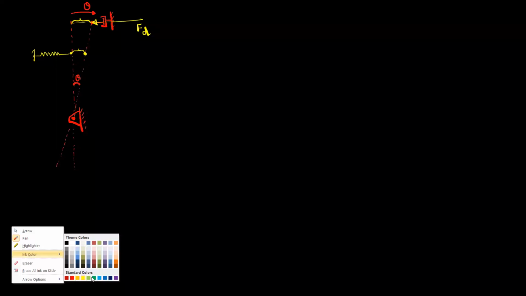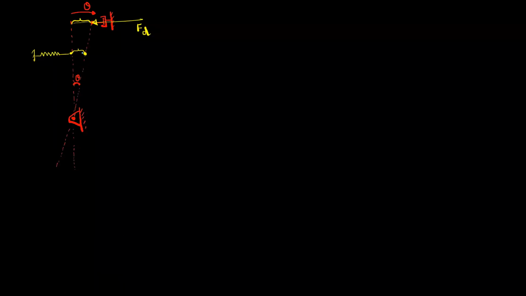This spring is connected at this point. This is the deformation of the spring. This is the free length. So the spring will get deformed with this displacement, and therefore it will offer the spring resistance in the opposite direction to the displacement.